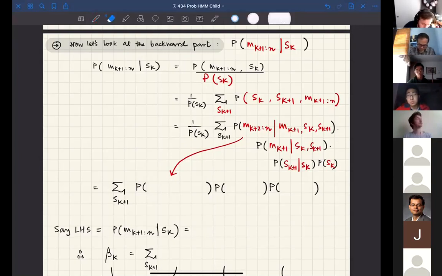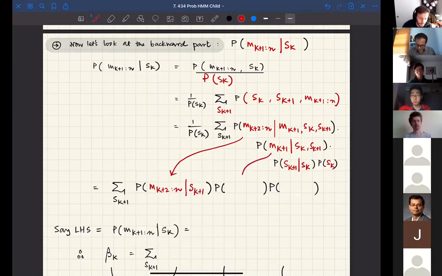So then you write this as m of k plus 2 to n given sk plus 1. Very good. What do you do for this? This is m of k plus 1 given what?